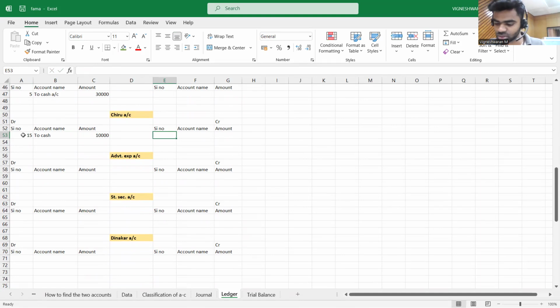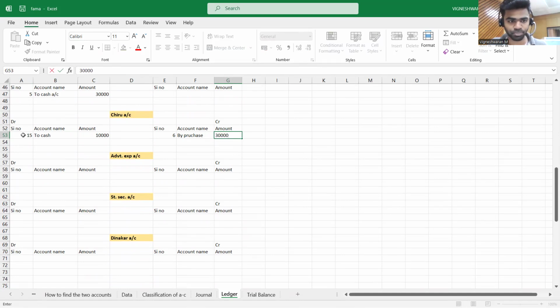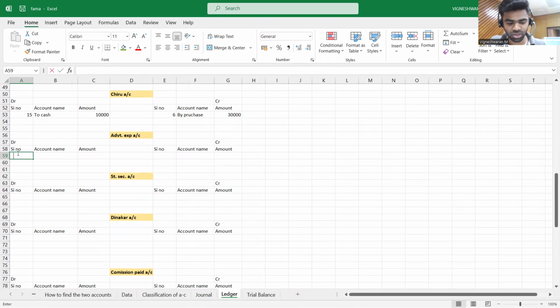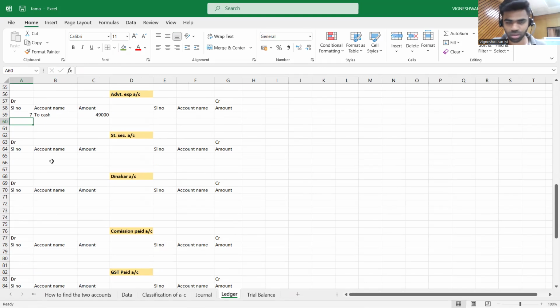On the credit side is the sixth one, by purchase, 30,000. Advertisement expense, from the seventh, to cash, 49,123. Short-term securities, eighth one, by cash, 2 lakhs.